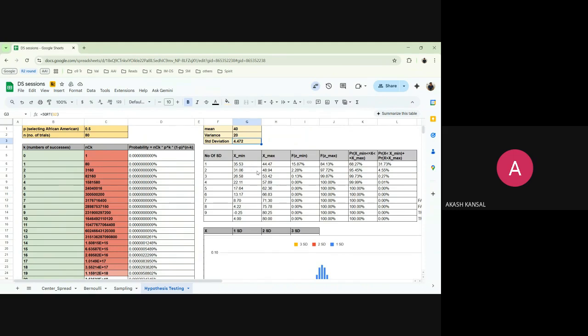So what it means is that the number of African Americans who should have been selected based on random selection would have been 40, and the standard deviation in that random variable could have been 4.4.